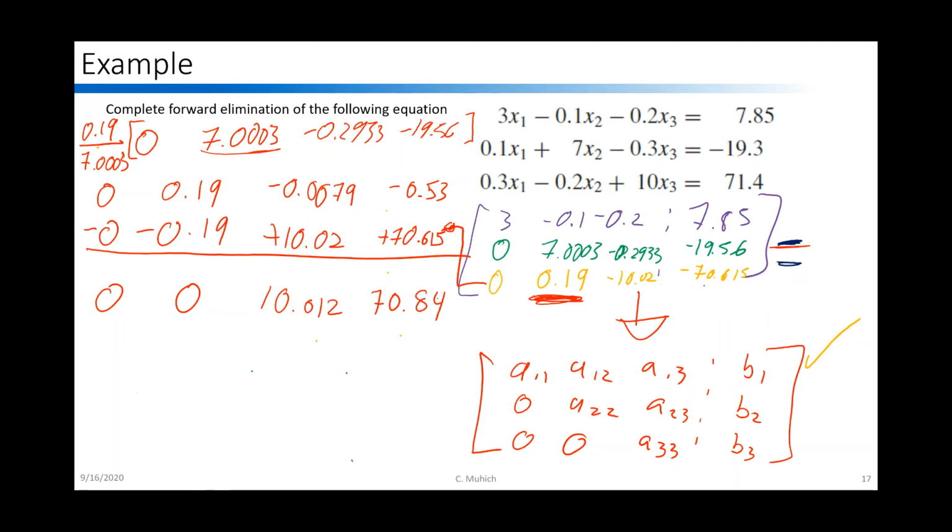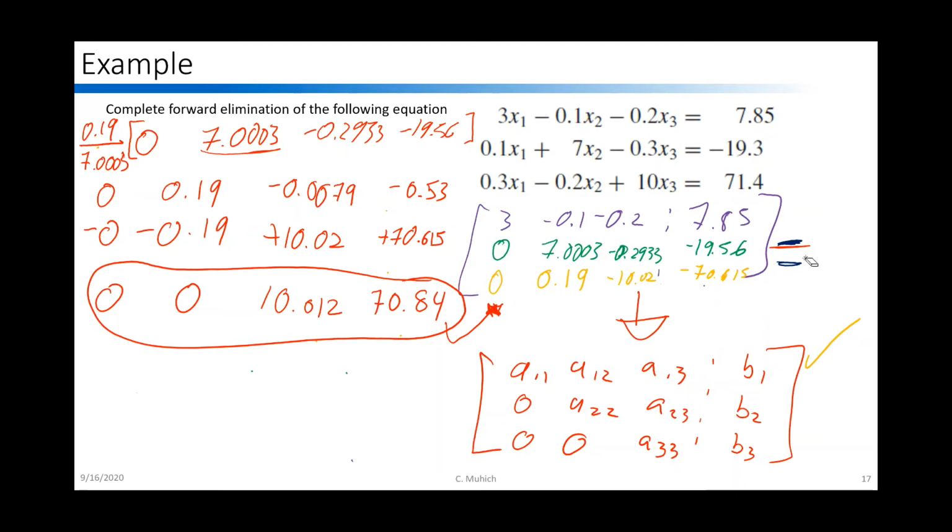All right, now I'm good to go. I can take that end result and swap it out for that third row. So let me erase those entries. We have 0, 0, 10.012, and 70.84.